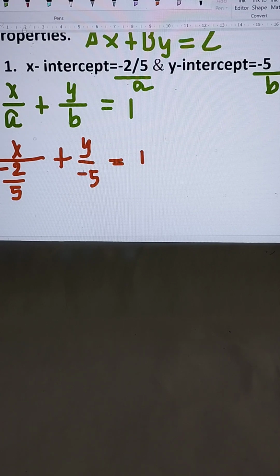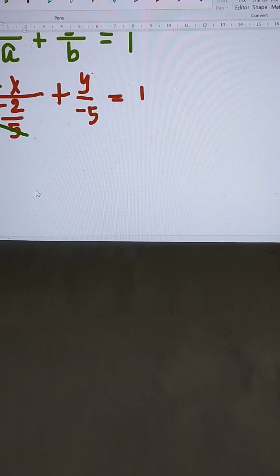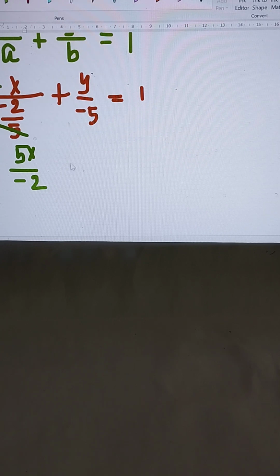So multiply both the numerator and the denominator by 5. You cancel 5 here, so this one becomes 5x all over negative 2, plus y all over negative 5, equal to 1.